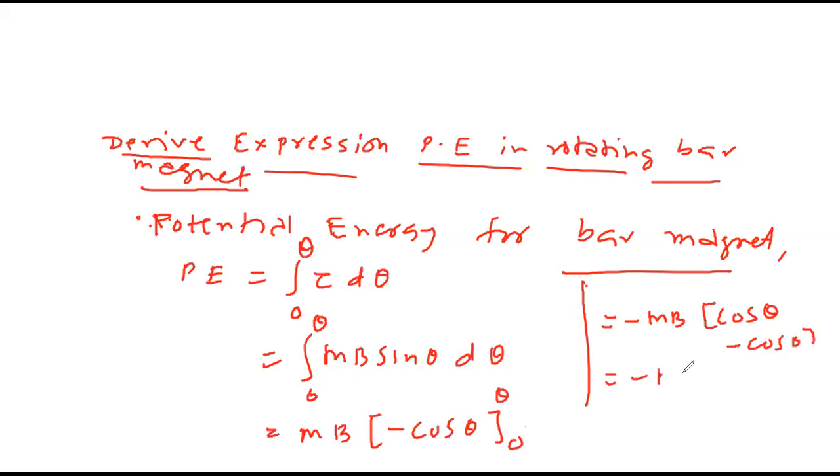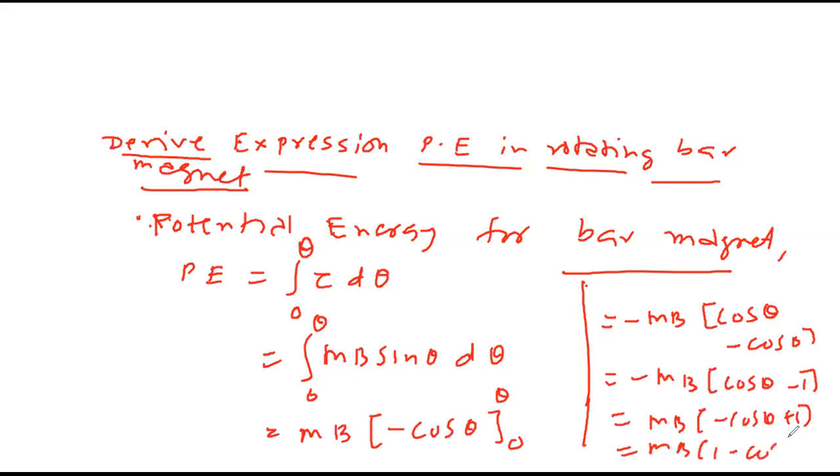That is equal to minus mB (cos theta minus 1), or you can write it as mB (1 minus cos theta). Here we have assumed that it started at 0.